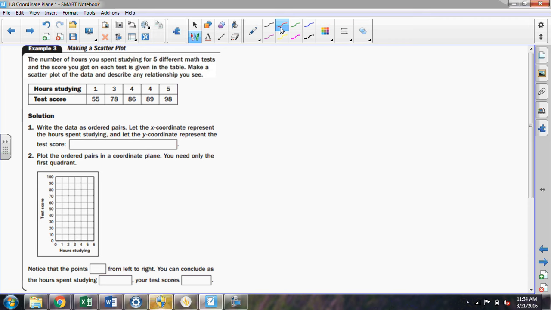All right, so the first thing we're looking at is 1, 55. 1 hour of studying led to a score of 55. We can plot that point. 1 hour of studying came up to a score of 55, and so there's 1 point.